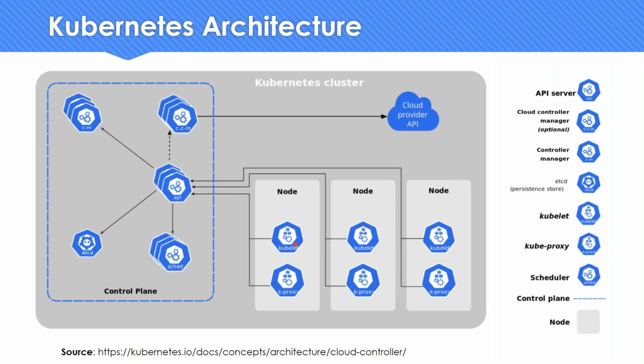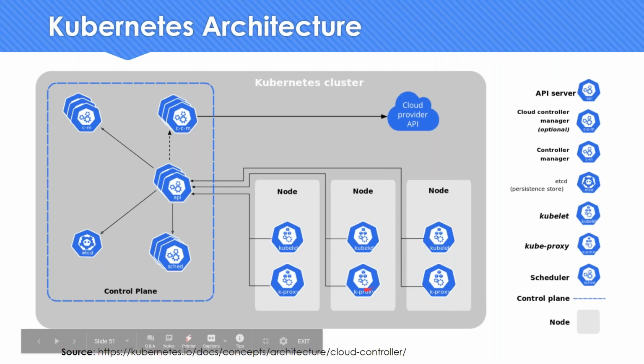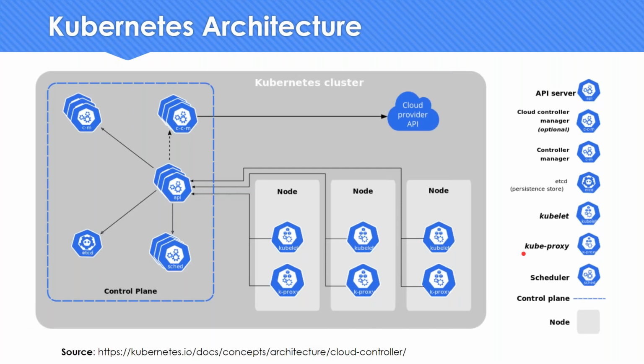This is a small agent which runs in those nodes, which makes sure your containers run as expected. This also maintains the communication with your API server. So this is an agent which runs in every node. And the last component is called kube-proxy, which is basically for handling all the networking part. So you have kube-proxy, kubelet, and the API server. These are the most important components. The remaining is not important for us.